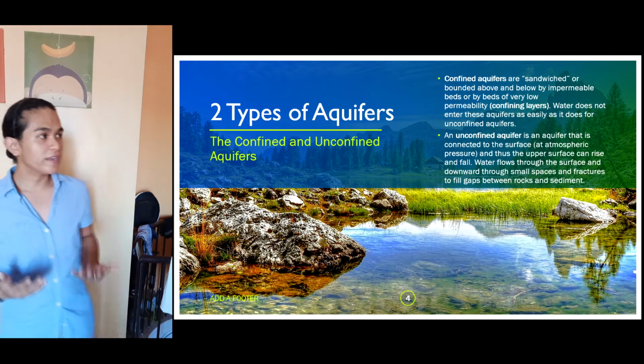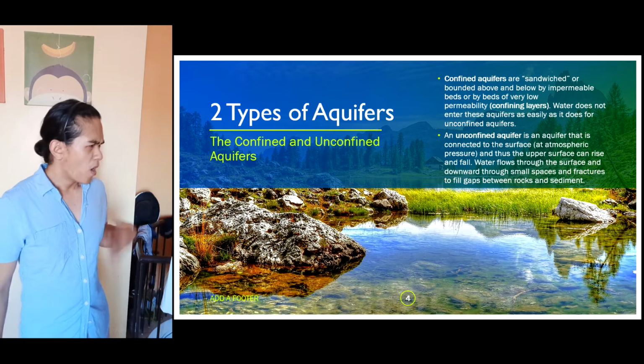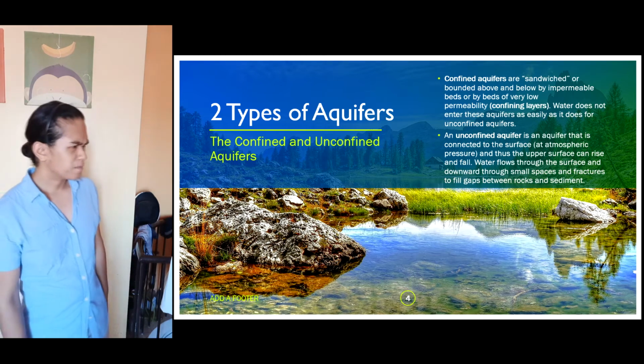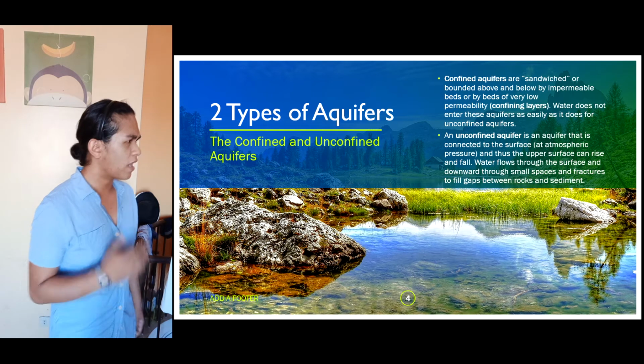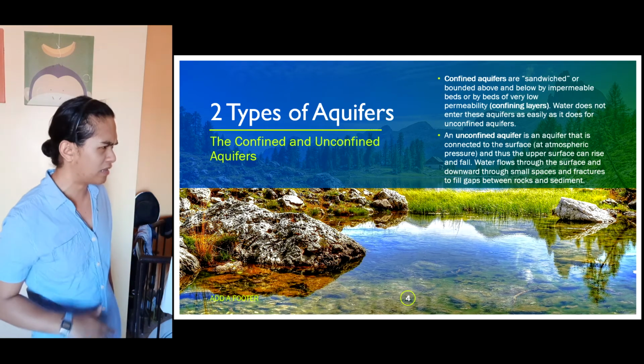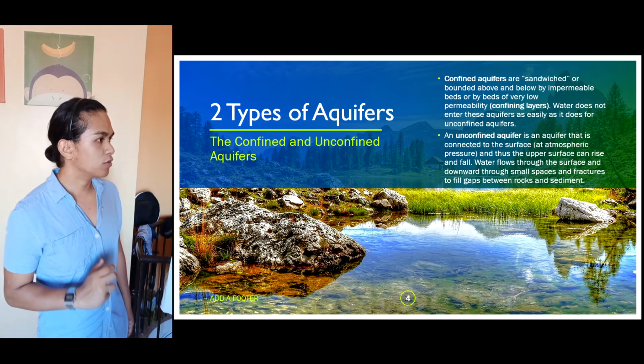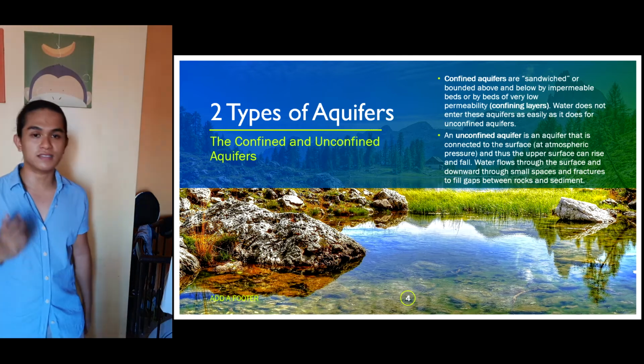Unlike the confined aquifer, an unconfined aquifer is connected to the surface at atmospheric pressure, and thus its upper surface can rise and fall. Water flows through the surface and downward through small fractures to fill gaps between rocks and sediments.